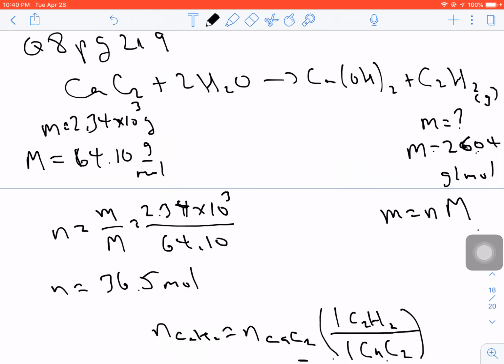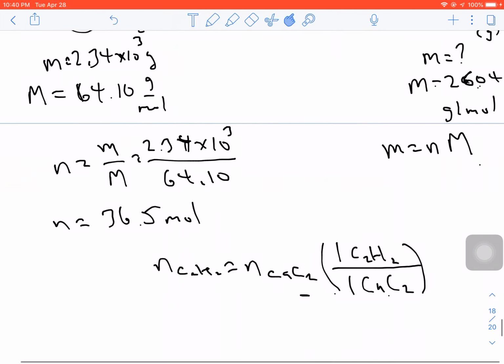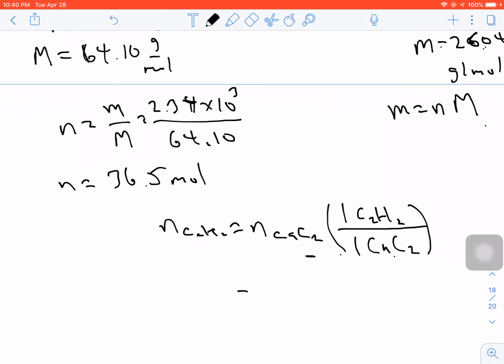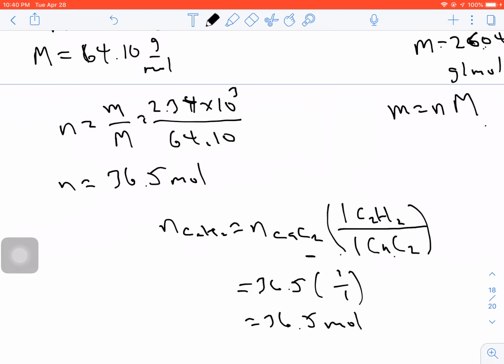So when I'm done, I've got my number of moles, which was 36.5, from here, number of moles of calcium carbide, times 1 over 1, which is equal to 36.5 moles of acetylene, C2H2.